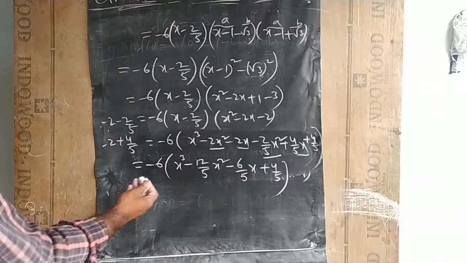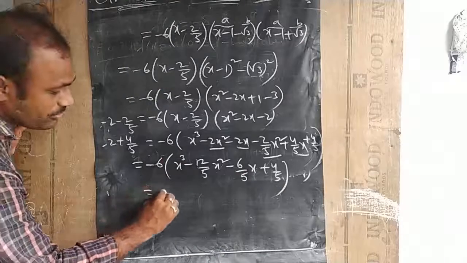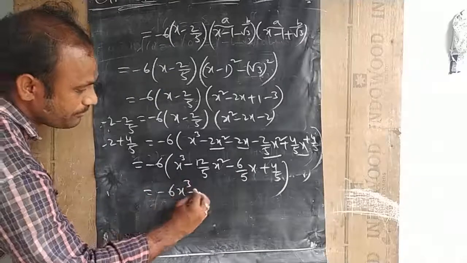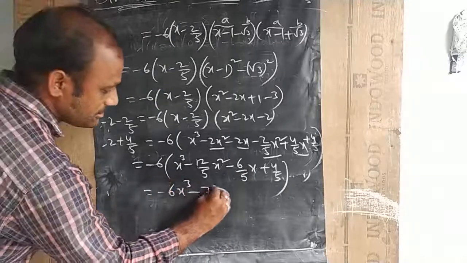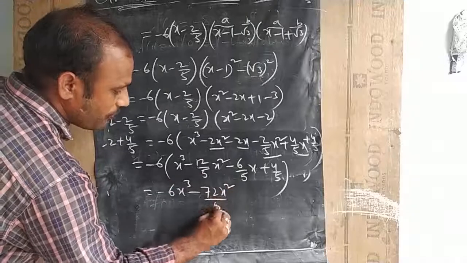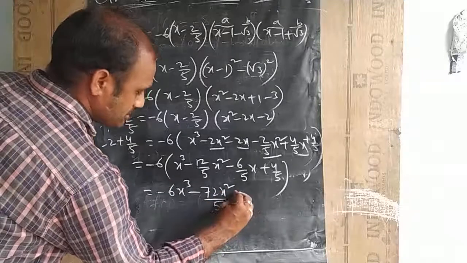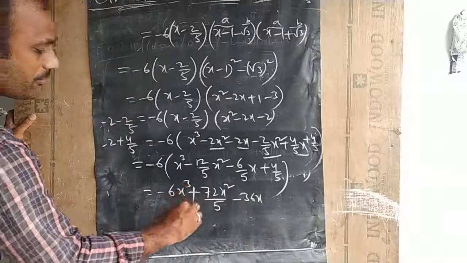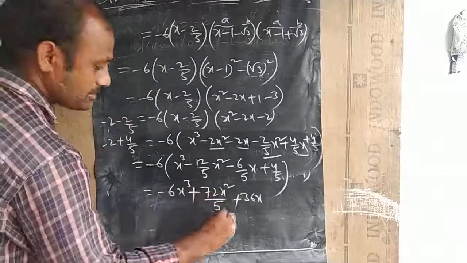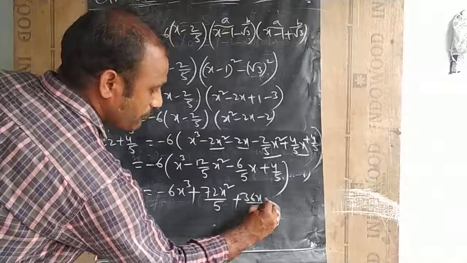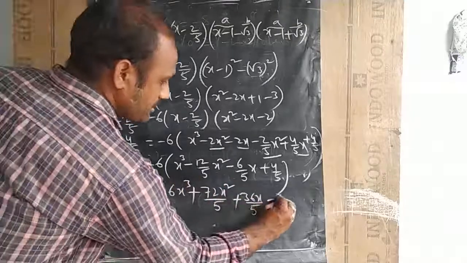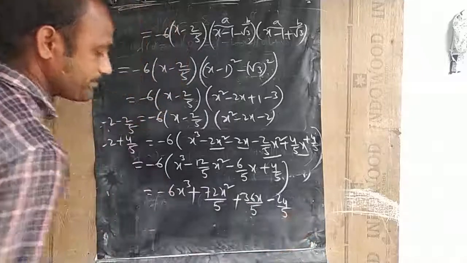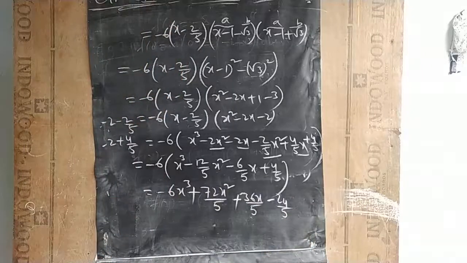Next, we will multiply with the constant number. So it will become minus 6x cube minus 72x square by 5 minus 36. So it's a minus number now, it will become plus. Here also plus by 5, minus 24 by 5. So 5 is the overall LCM.